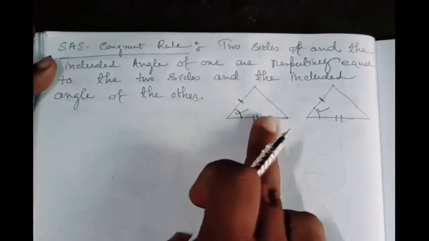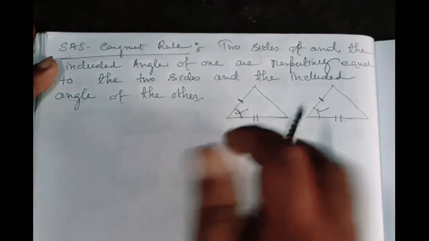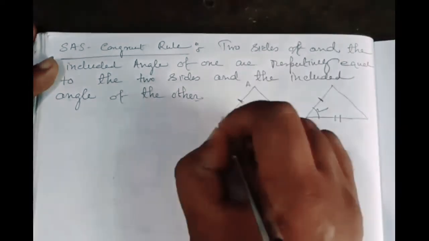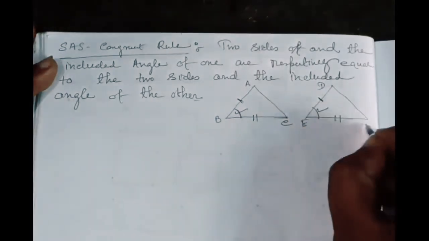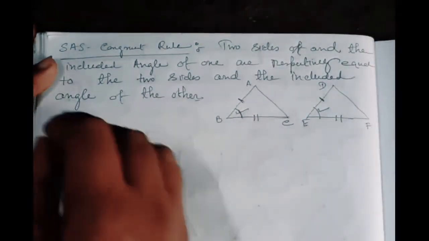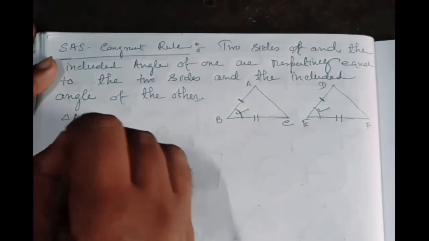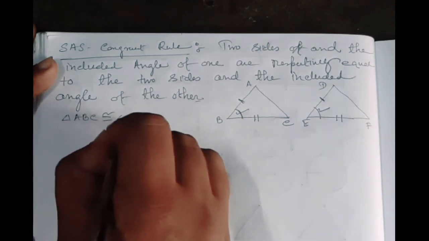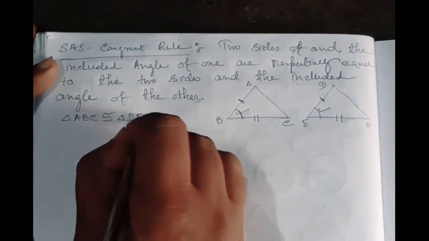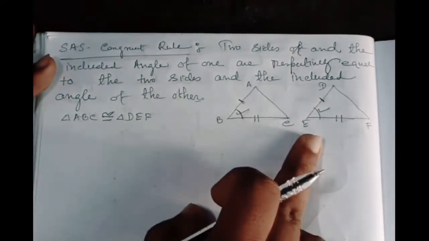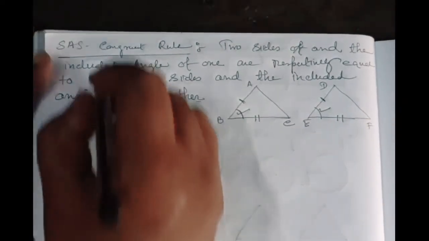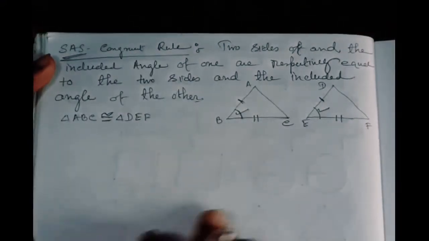If so, we can say that triangle ABC, if we name it ABC and this DEF, is congruent to triangle DEF. Okay, understood? So, this will be the SAS congruence rule.